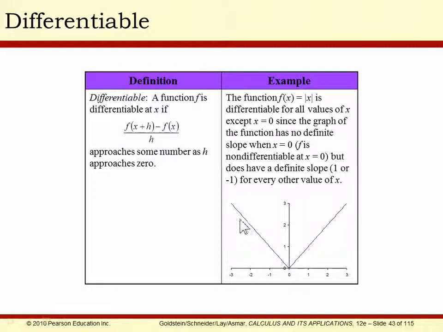The slope of this straight line is going down, so it's actually negative 1. So what should the slope at 0 be? Well, 0 is a point on this line, so it should be negative 1. But it's also a point on this line, so it should be positive 1. Well, what should it be? Well, we're not sure. Okay?